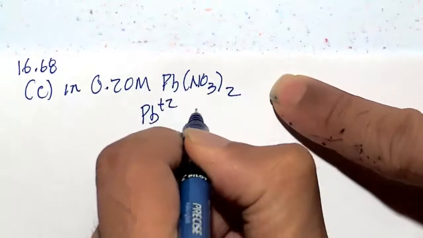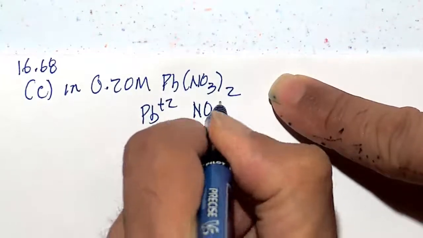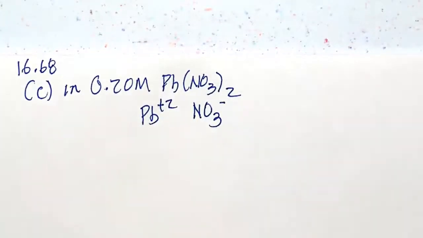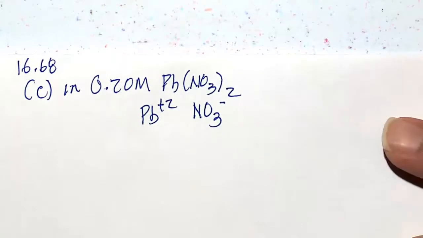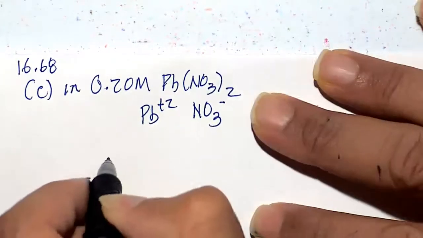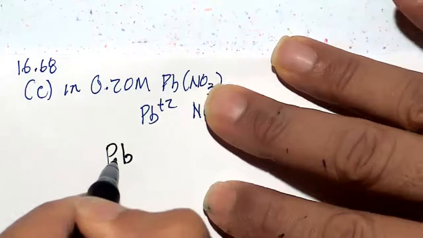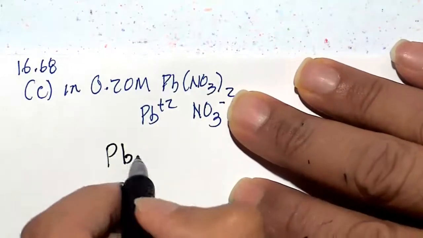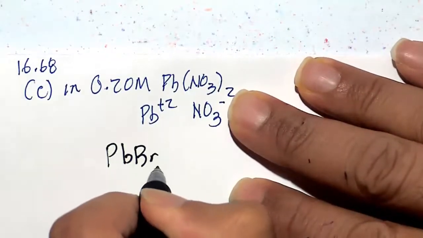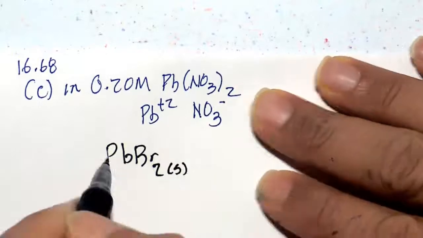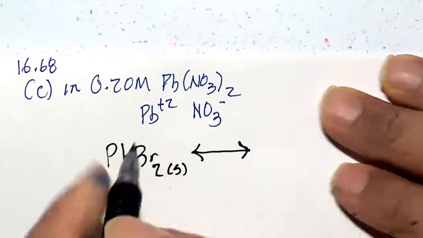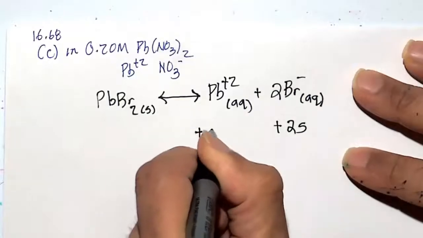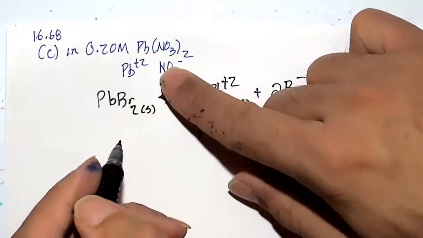The lead 2 nitrate is lead plus 2 and the nitrate ion. We will write our equilibrium expression that defines the KSP for lead 2 bromide. Lead 2 bromide because lead is a transition metal, so we have to designate the charge. Br minus is plus 2S because of the coefficient of 2.